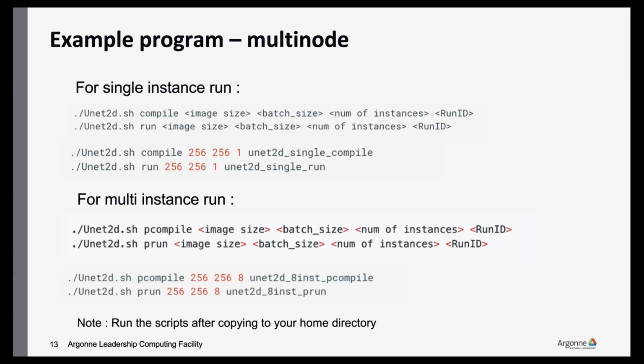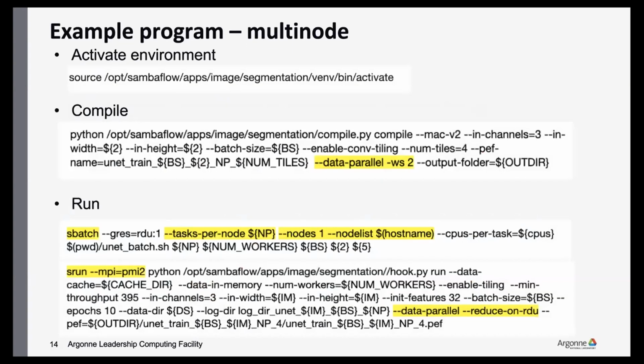If you take a look at these scripts, you will see how exactly the compile and the run commands look. As with any other application, first we activate the required software environment. Then for the compile command, we pass the specific Python file and the compile argument.